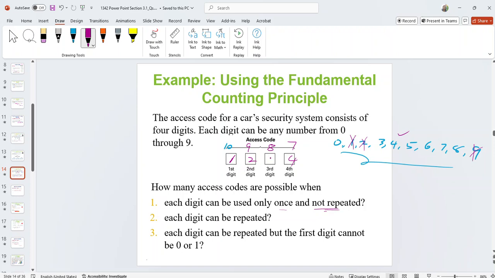So now I have 1294 as my non-repeat 4-digit code.